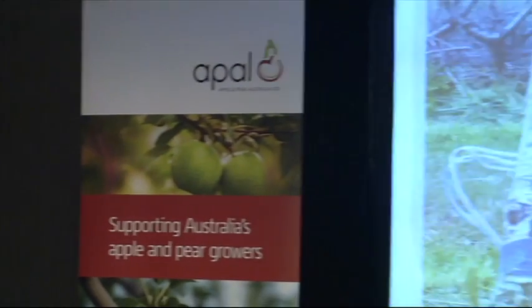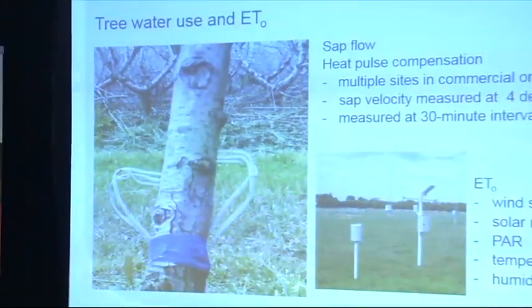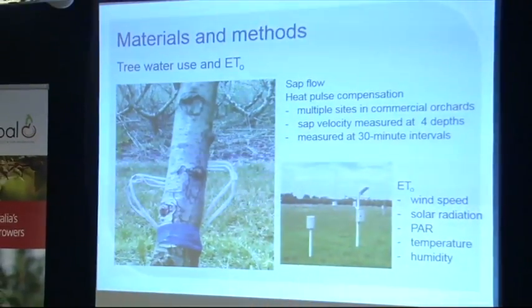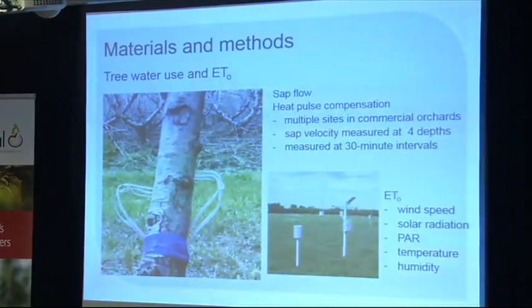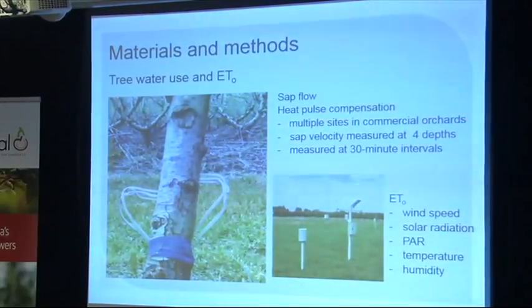So the approach, we measured tree water use using the sap flow technique. Won't go into a lot of detail, but we use this heat pulse condensation method. A colleague from New Zealand, Steve Green's quite famous in using this technique, recognised around the world. We installed these sensors at multiple sites in commercial orchards.